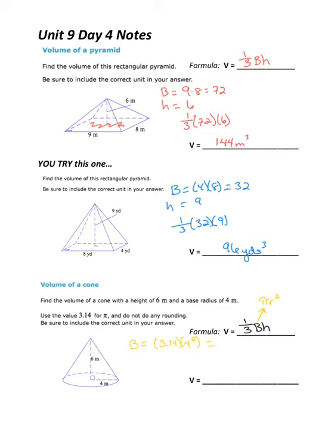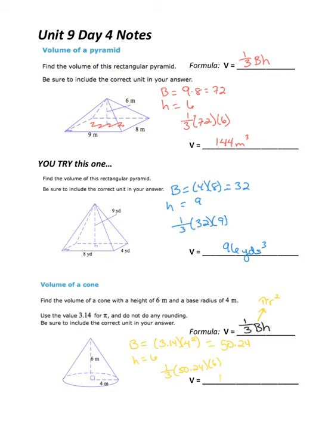3.14 times, my calculator and I are not getting along right now. 3.14 times 16, 50.24. The height is 6. Putting everything in the formula, 1/3 times 50.24 times 6.